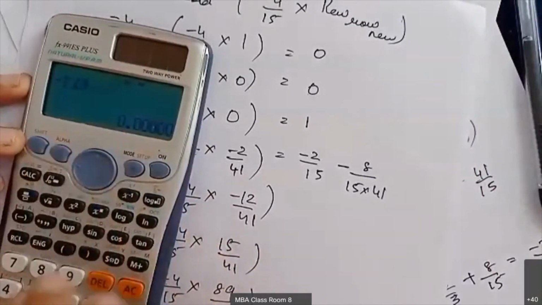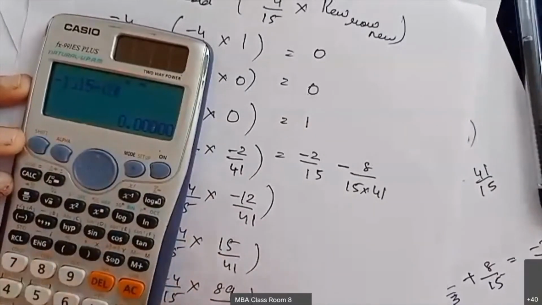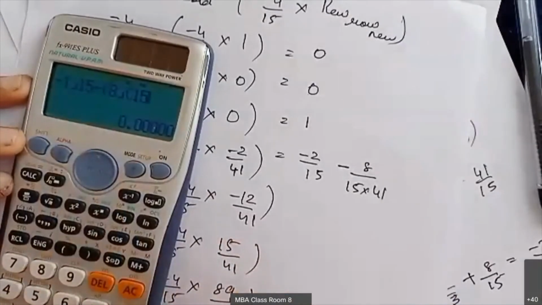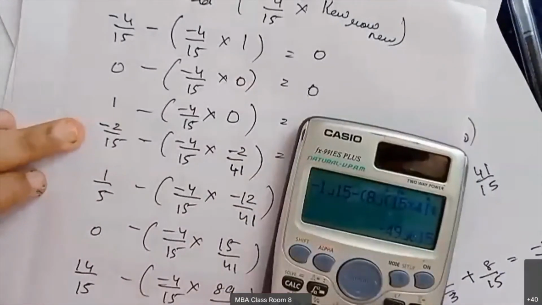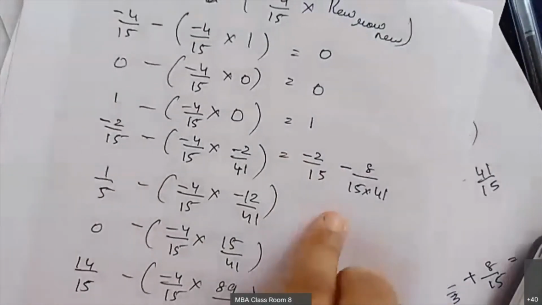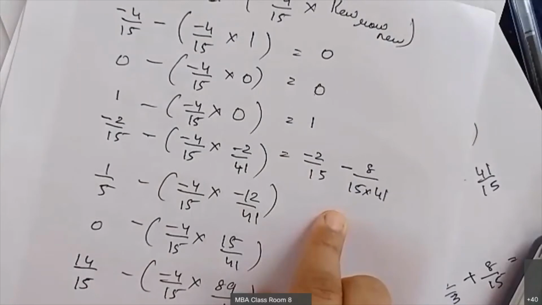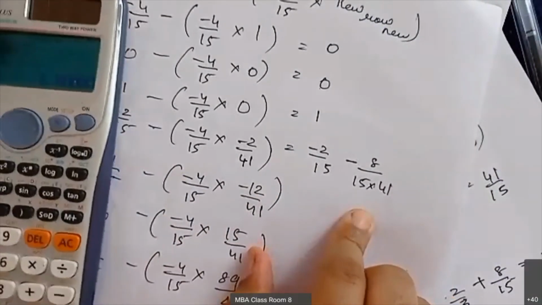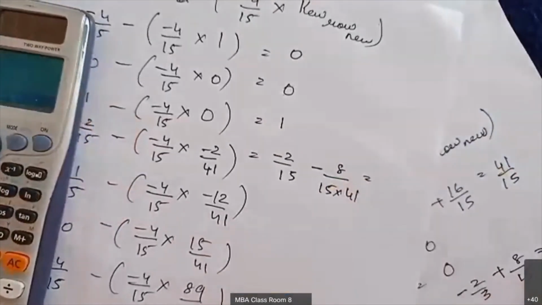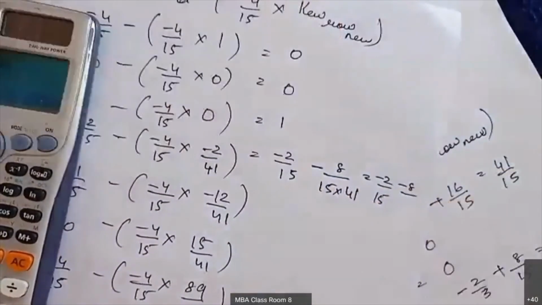Minus 2 divided by 15 minus, I'm putting a bracket open, 8 divided by 15 into 41. The value is, just give me a second.